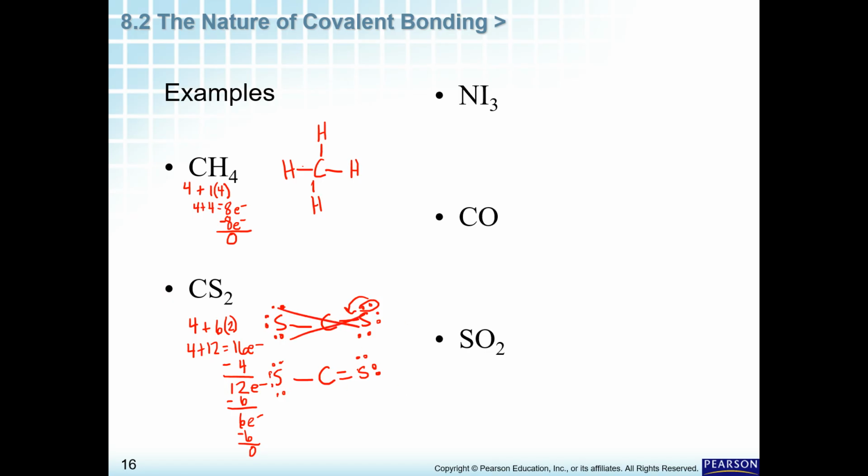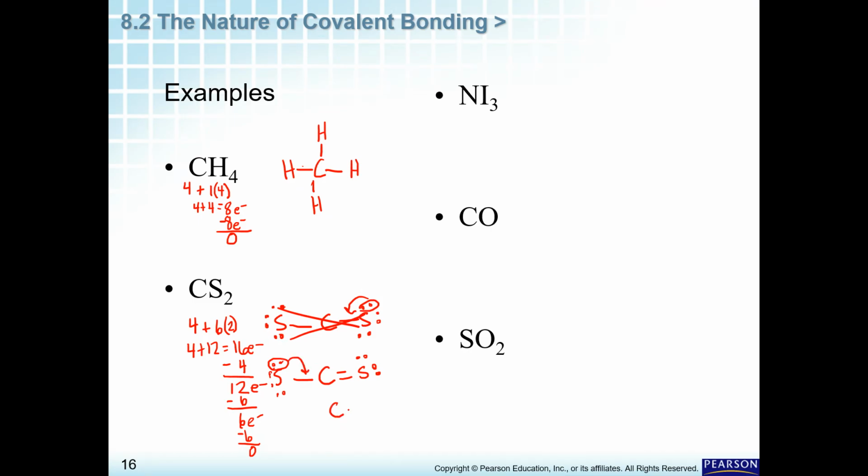Now we look at here and sulfur's happy still, sulfur's happy still, carbon is still not happy. So we need to form another bond in order to make carbon happy. I always try to make sure that these are going to be as symmetrical as possible. So what we're going to do is take this pair of electrons and move it down.